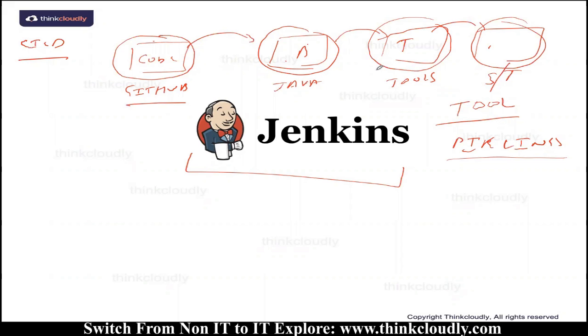All these steps are configured in Jenkins. So Jenkins is the reason to create these pipelines. Without Jenkins, you cannot create these pipelines. So Jenkins is the tool which integrates all these stages to each other. And that's why we need Jenkins.